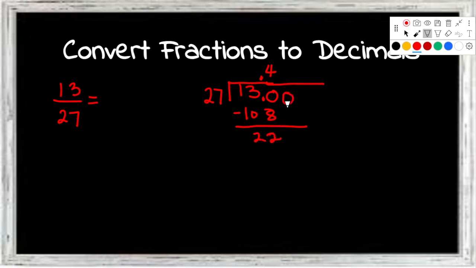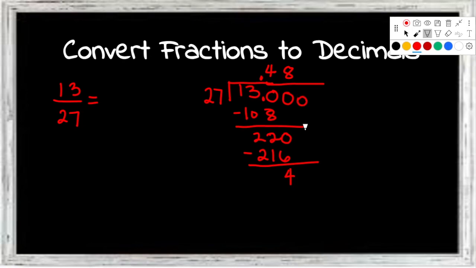Then add 0 and let us test if this is exact. 220 divided by 27 is 8. And 8 times 27 is 216. And this is 4.